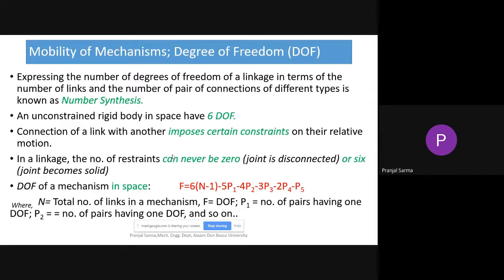So now let's consider we have got n number of links here. Okay, so if there are n number of links, then what is the maximum possible movement or degree of freedom if you have got n links here?